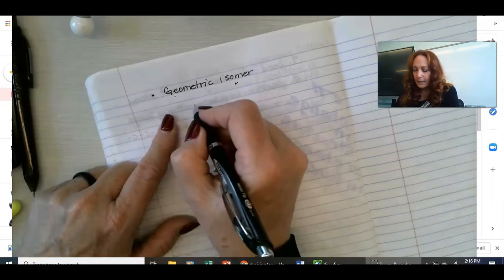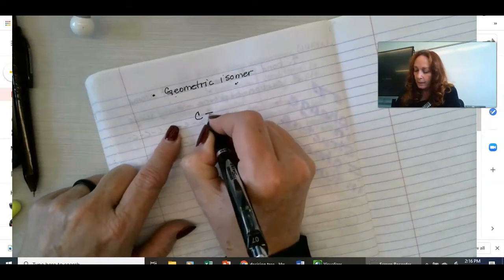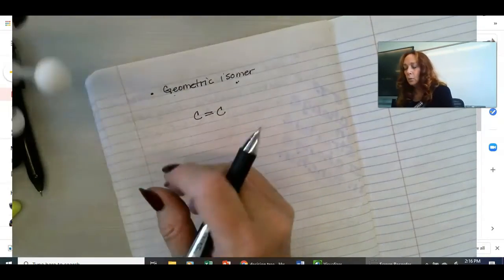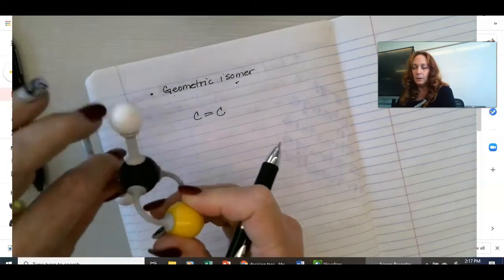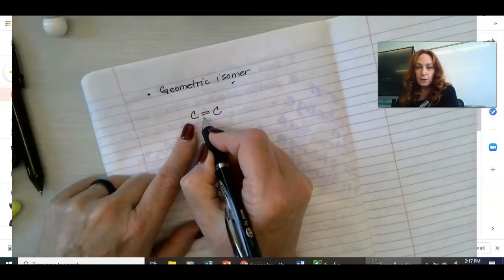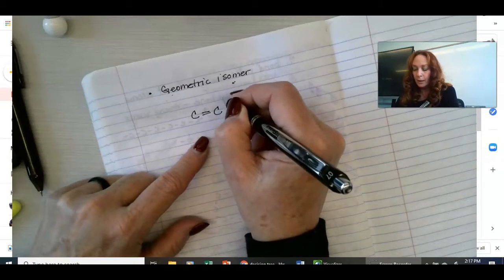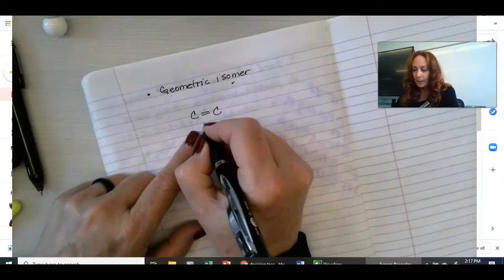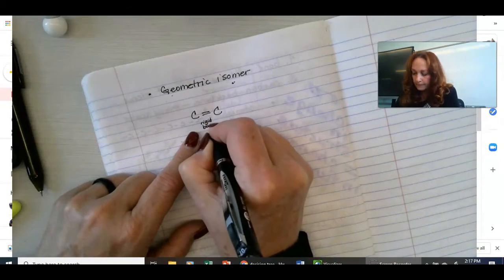So if I have carbon double bonded to carbon, this is rigid. It cannot rotate. Whatever I put up here at the top is going to stay at the top. It's not able to spin, so this is a rigid bond.